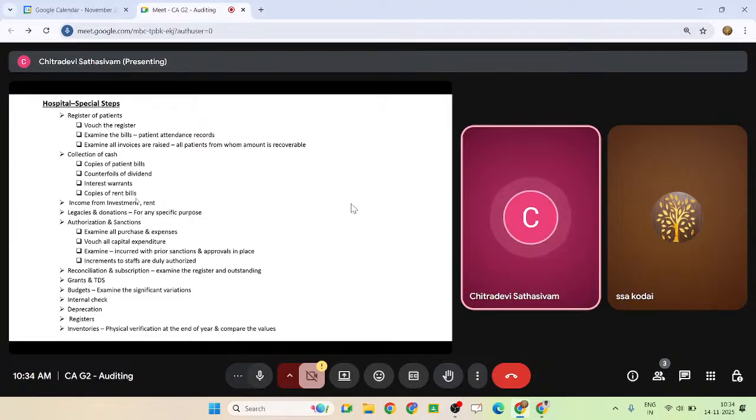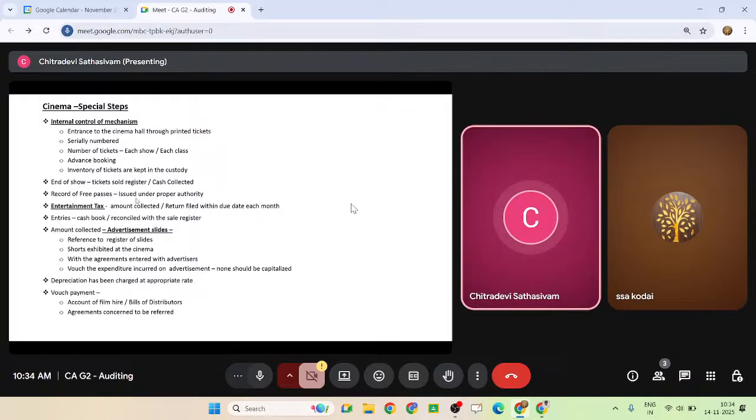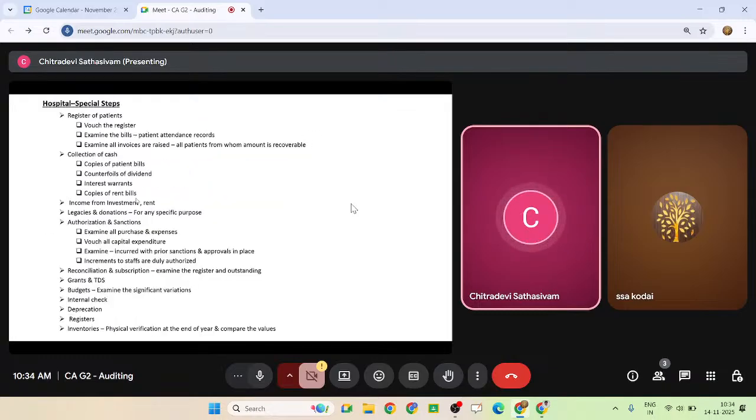Before going into the hospital, I want to make this session interactive. Think of an example: assume you are entering Apollo Hospital as a chartered accountant, appointed as the external statutory auditor, and you are taking your audit team along with you.